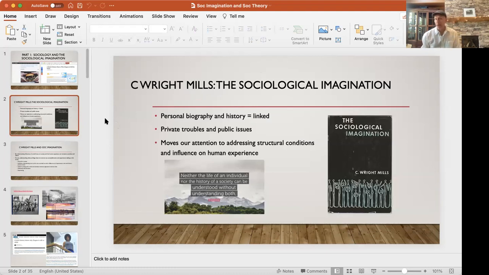So let's define it, right? Sociological imagination: C. Wright Mills, Columbia University, 1950s, a sociologist who came up with or promoted this idea. Put it in context too: the 1950s is a time period of relative stability. It's economic growth for most everyone.